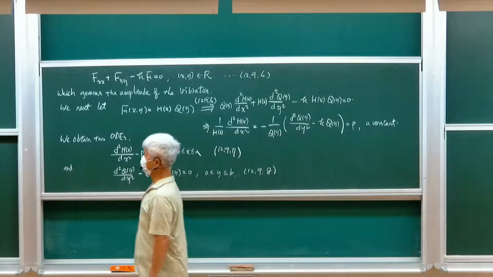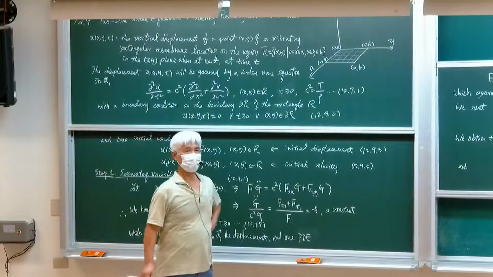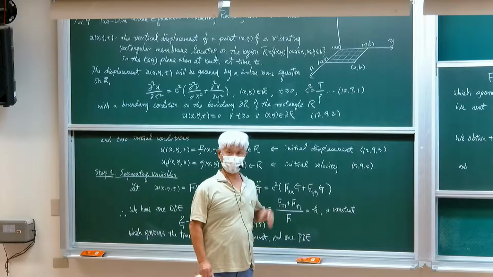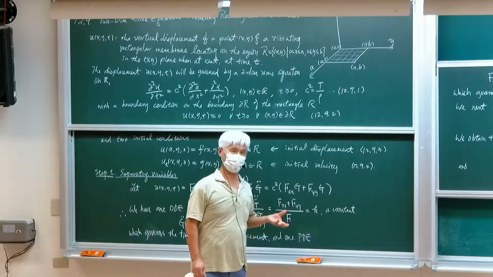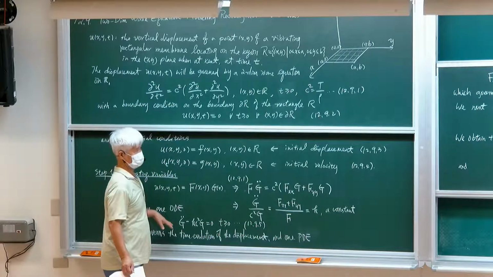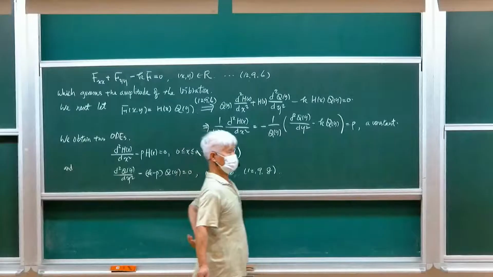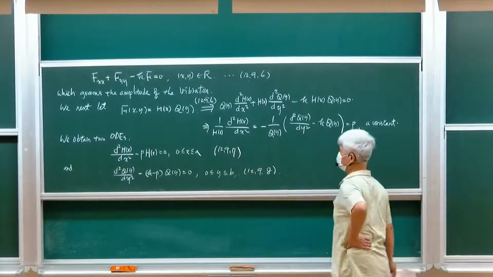So finally, by applying the method of separating variables twice, we obtain 3 ODEs, and these 3 ODEs are all second order.